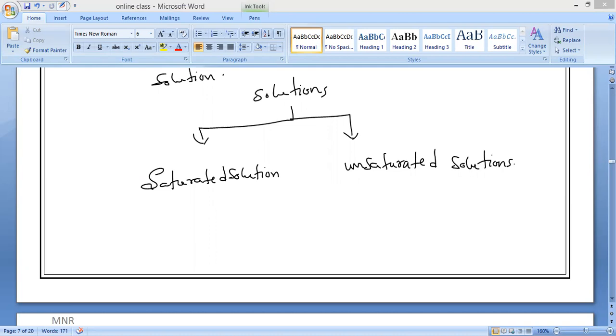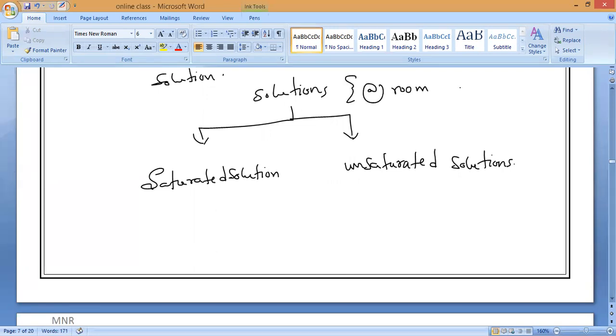Understand? What temperature do we have to take care of, Mitakshri? Room temperature. You have to remember that. So temperature should not rise. If temperature rises, what will happen?